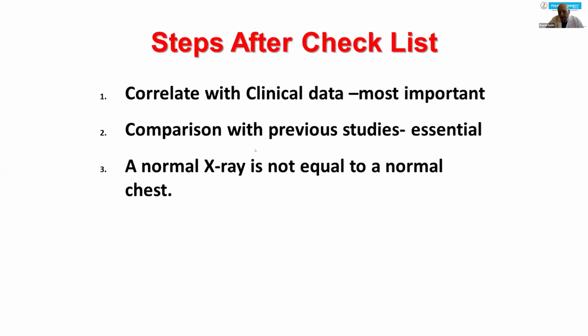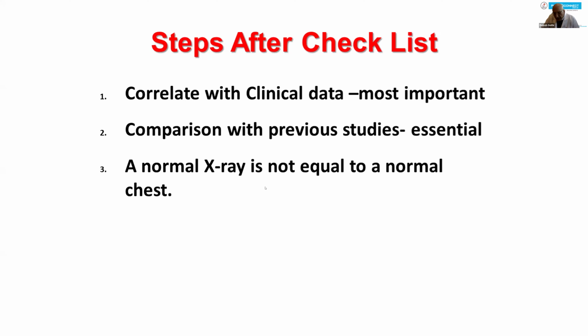It's very, very important. If you get a person with an X-ray which is 10 years old or 5 years old and showing completely normal, then you know that the disease has happened in the last 5 years' time. And this has become very, very important after the start of COVID. We always want to know what was the pre-COVID status of the patient and what is the current status.